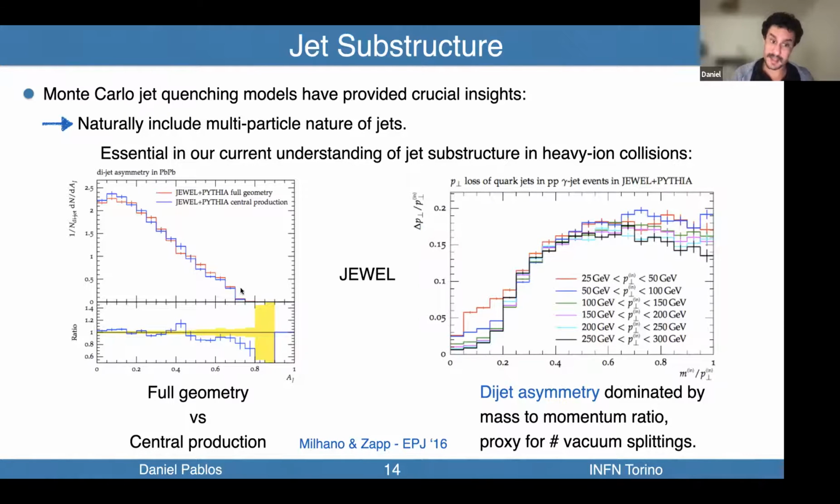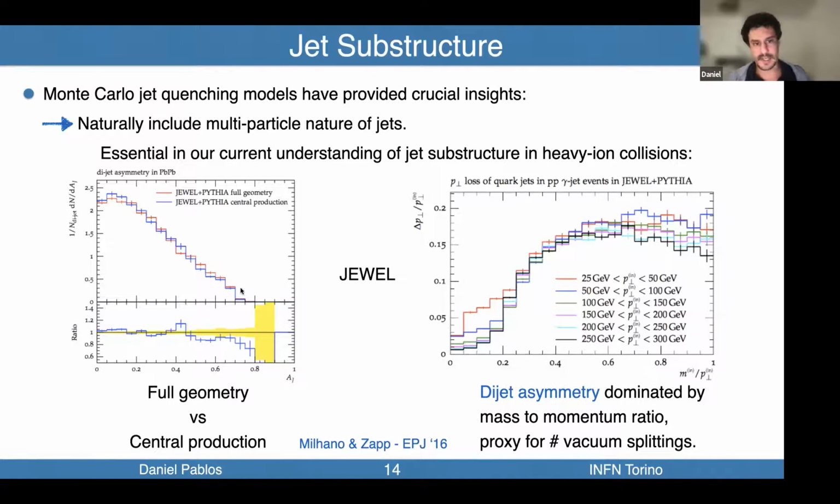Here in this study, what they did is study dijet asymmetry, having the jets either produced with a realistic sampling position using a Glauber, most likely, versus the dijet asymmetry that would obtain if you put a dijet sample exactly at the center of the collision, meaning that both leading and subleading jets have to traverse the same length.